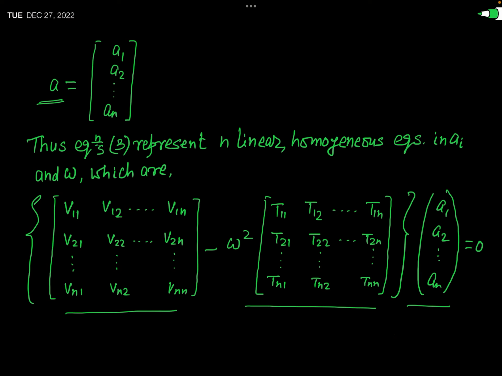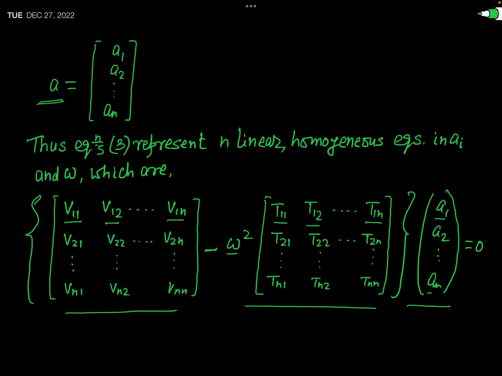Now this matrix equation can be written in terms of n linear equations. You can see this will be V11 minus omega square T11 operated on A1, plus V12 minus omega square T12 operated on A2, plus and so on, V1n minus omega square T1n operated on An, and that will be equal to 0.